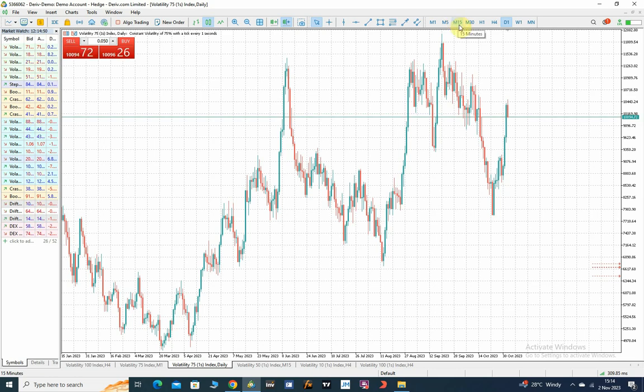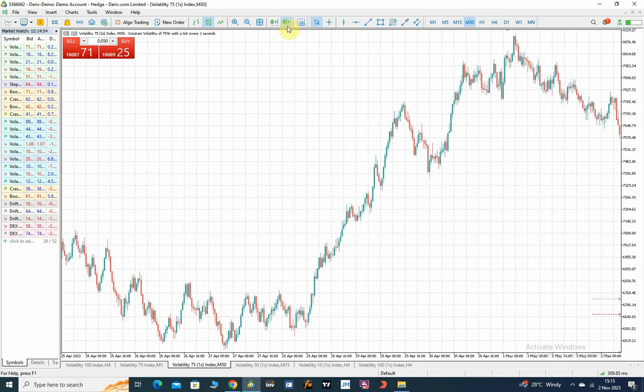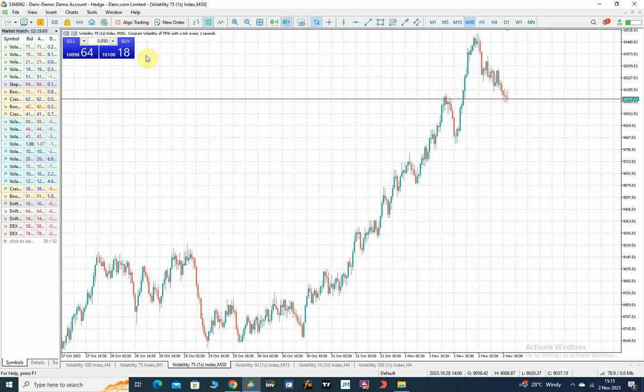Like me, I do. I figured it out after losing so much money in volatility indices. I figured it out, like how I'm going to show you here. So just so you know, synthetic indices are controlled by Derive. If anyone tells you anything else, he's lying. They agree that it is cryptographically generated.